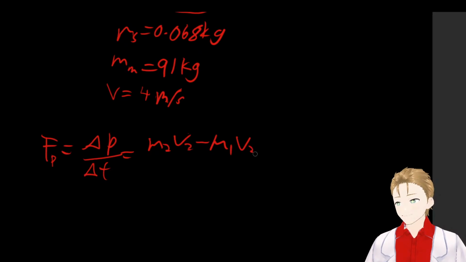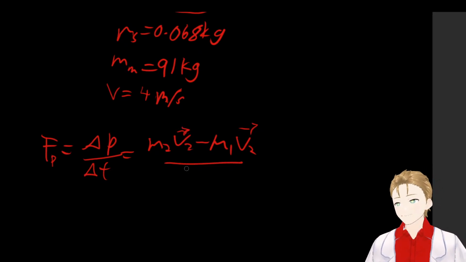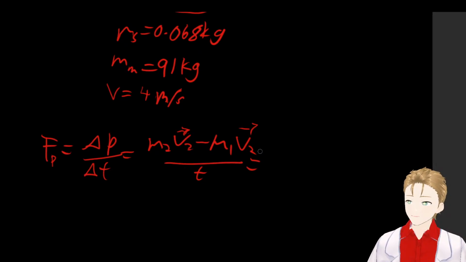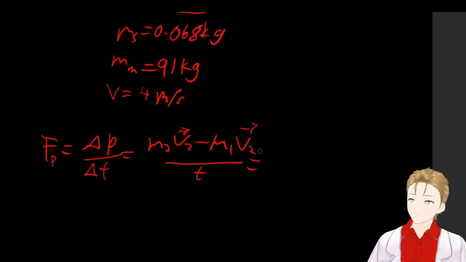Mass 1, velocity 2, over time. Maybe let's put it there anyways. Even though the wording is really weird, I'm just going to leave it as T. It didn't say anything about the time.